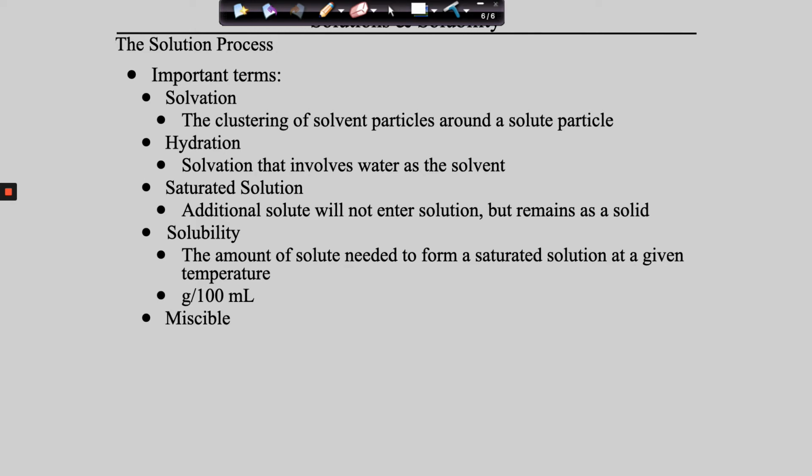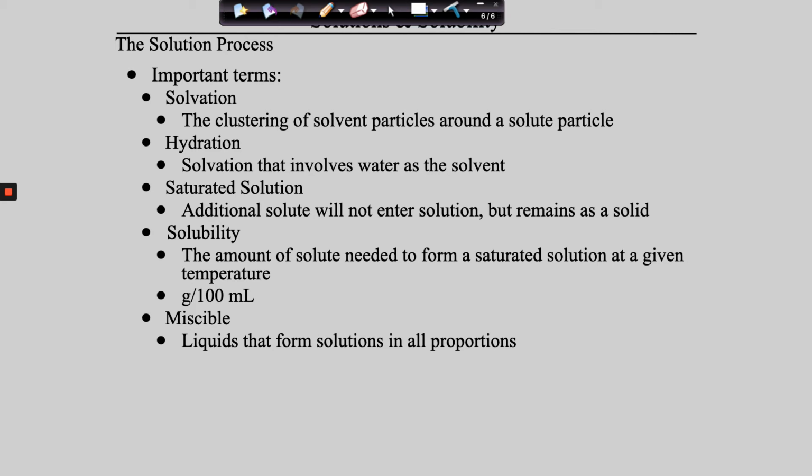And then, guys, another term that you need to know is miscible. When liquids dissolve in liquids, we don't talk about their solubility. We talk about their miscibility. But the trick is this. You can't saturate liquid-liquid solutions. Think about that. If you dump alcohol in water, the alcohol dissolves, but you can't add so much alcohol to water that eventually you get a layer of alcohol and a layer of water-alcohol mixed together.